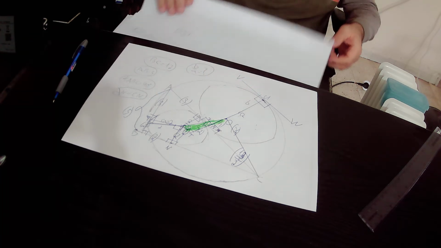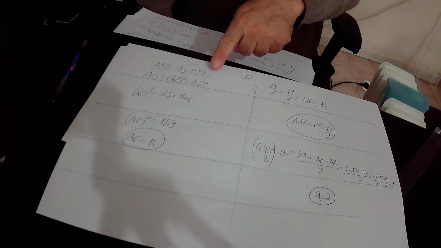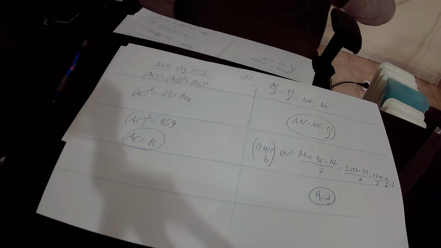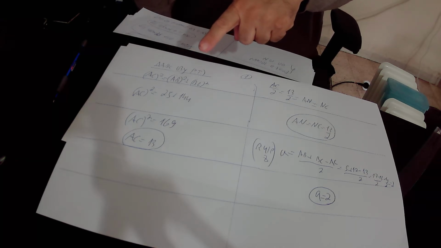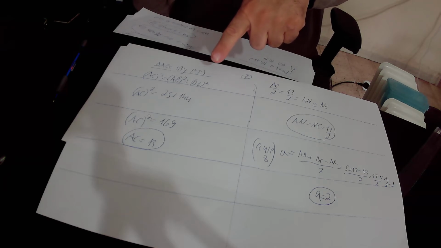In the right triangle ABC, AC squared equals AB squared plus BC squared. So AC squared equals AB squared. AB is 5, therefore AB squared is 5 squared, that is 25, plus BC squared. BC is 12, therefore BC squared is 12 squared, that is 144.